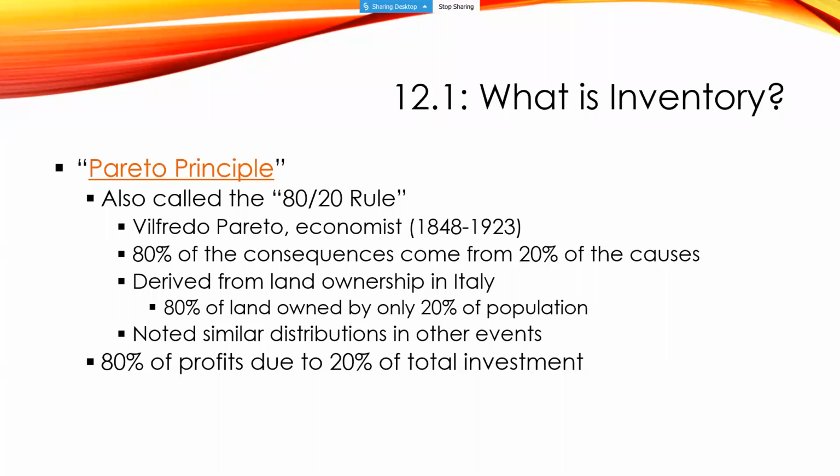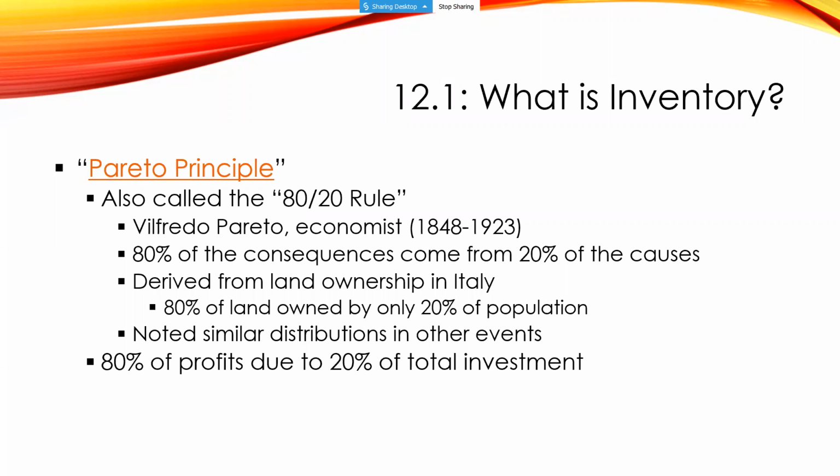It was a late 19th century to early 20th century economist. Something called the 80-20 rule. Just a little history. It says that 80% of the consequences come from 20% of the causes.